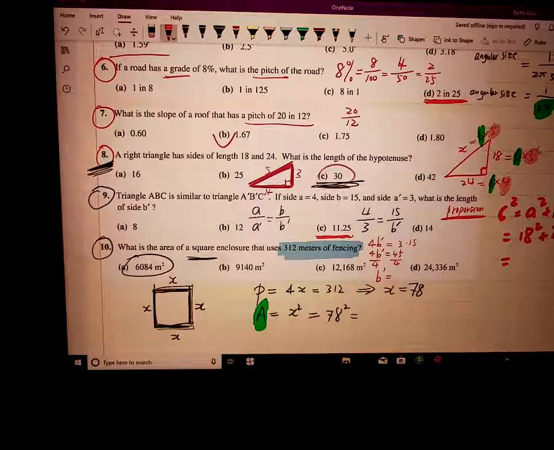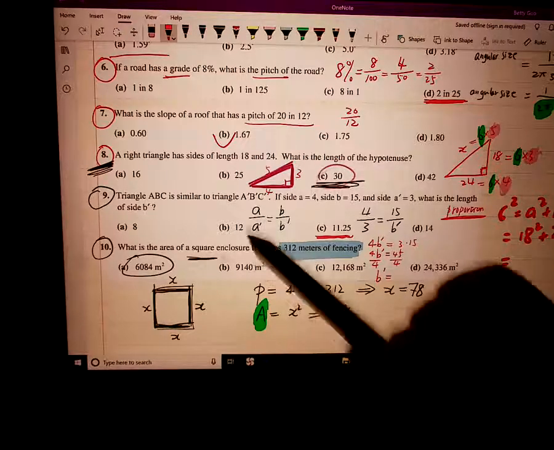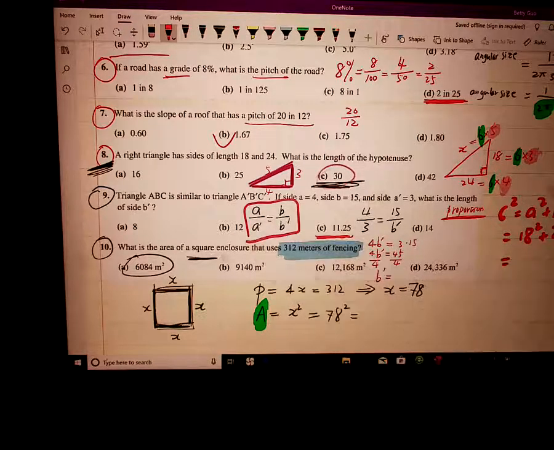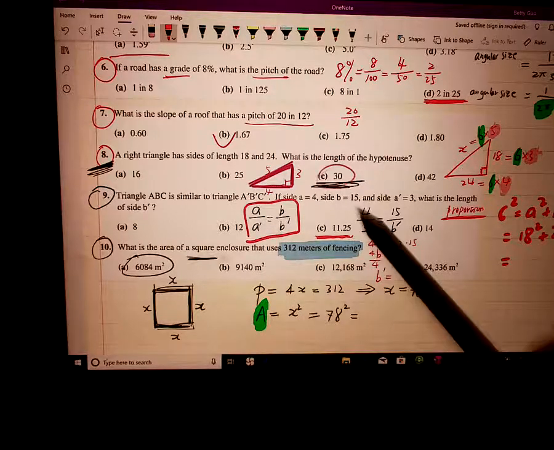Number 9, triangle ABC is similar to triangle A prime, B prime, C prime. If side A is 4, side B is 15, side A prime is 3, what's the length of B prime? The formula here we are going to apply is A over A prime equals B over B prime. I showed you the formula earlier. So you plug in the value for A, which is 4.